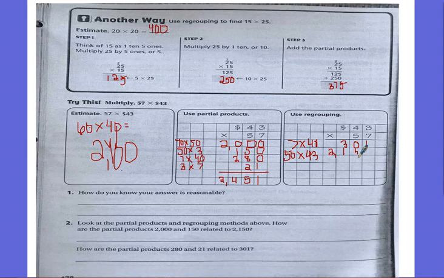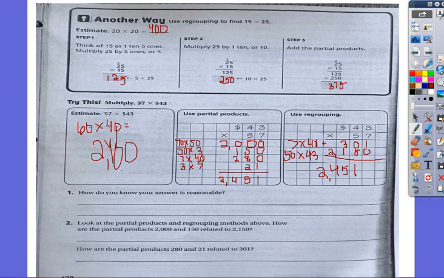When you're done, you just add those two together and you get an answer of 2,451. So we got the same answer both times.